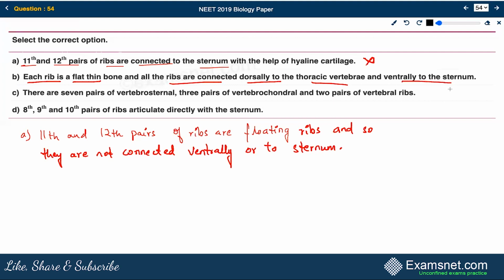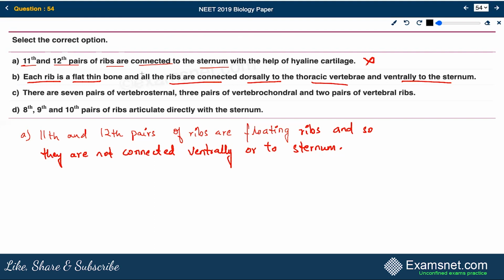So basically, if we look into the options or categorization, the statement is saying that each rib is a kind of flat thin bone. Now let me tell you that ribs have different categories, different categories of connections, you can say.